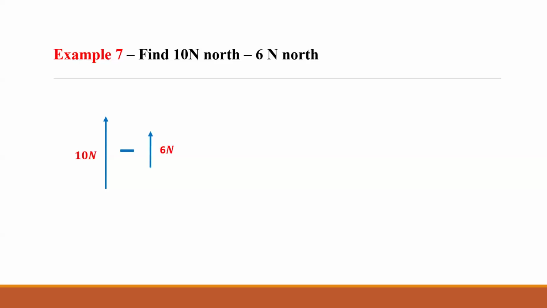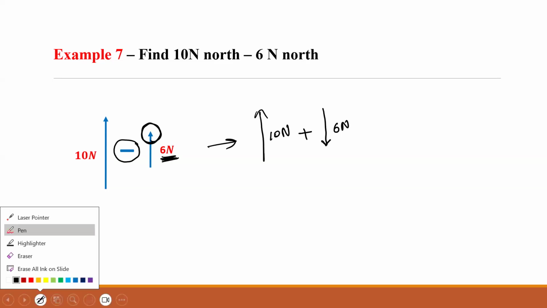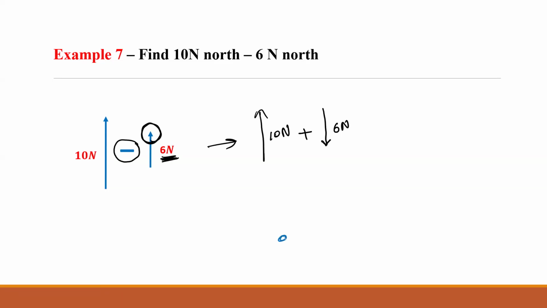Whenever we have subtraction, we convert it to an addition question by changing the direction of the second vector. 10 remains the same, and the 6 becomes 6 newtons in the opposite direction. Now you can do this, can't you? You start here.